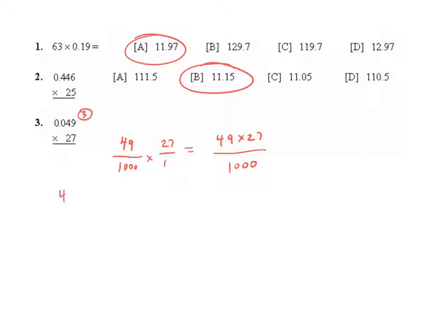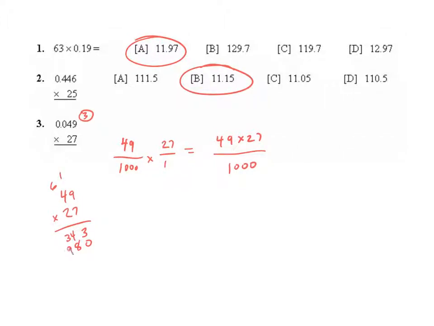So I'm going to do 49 times 27. 28 and 6 is 34. 18 and then 9. So I have 1,323, but I wanted to shift the place values over 3 places. 1, 2, 3. So my answer becomes 1.323, 1 and 323 thousandths.